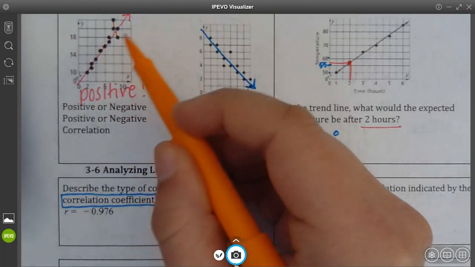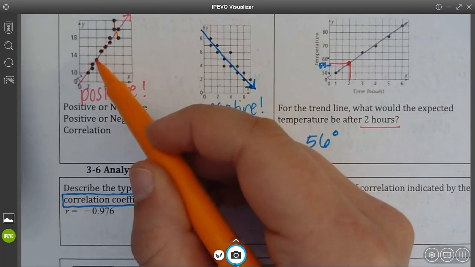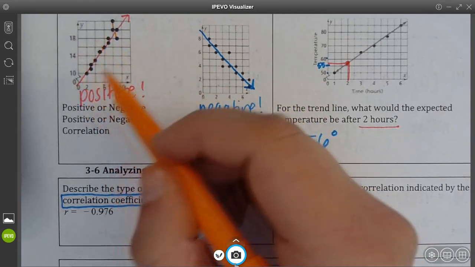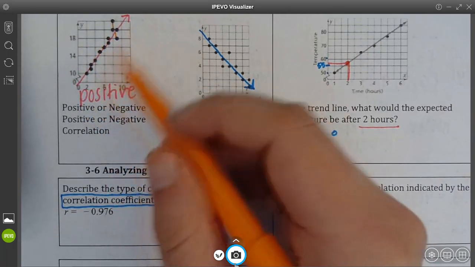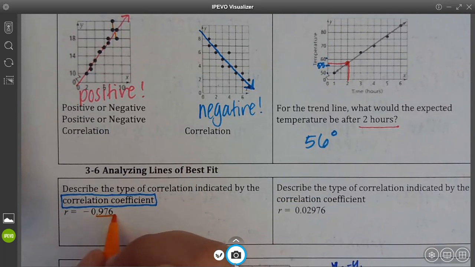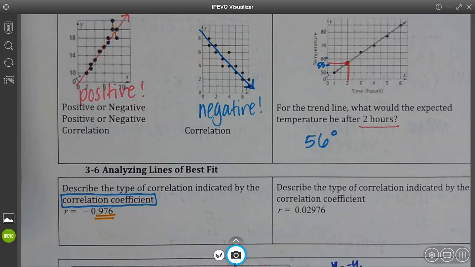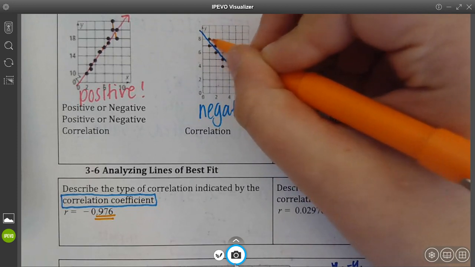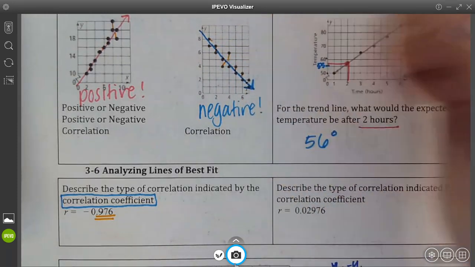If we look at this, these points go through our line of best fit really well, so this is a strong set of data. When we have strong data, our number is closer to 1 or negative 1. And when we have weak data, see how this one's a little bit further out from our line? Our number is closer to 0.